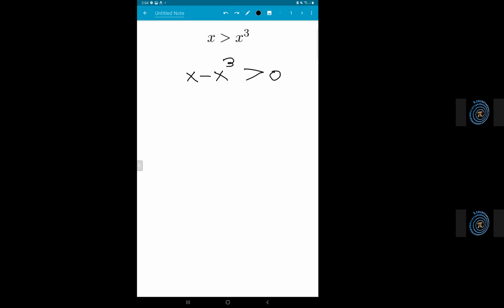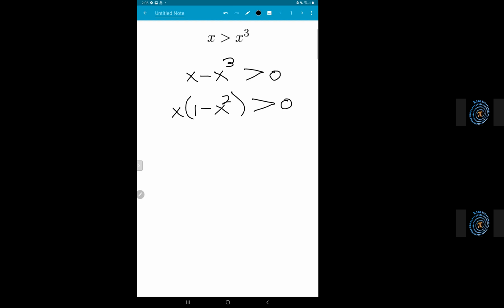Now, this is cubic actually, but it can be factored out by first factoring out the GCF, which is x. So if I factor out x first, we will get the equivalent inequality x times the quantity 1 minus x squared is greater than 0.